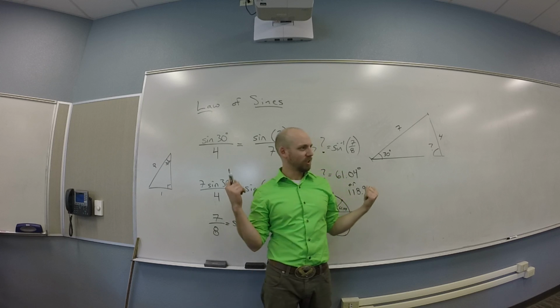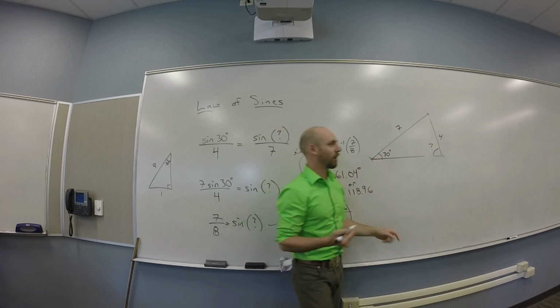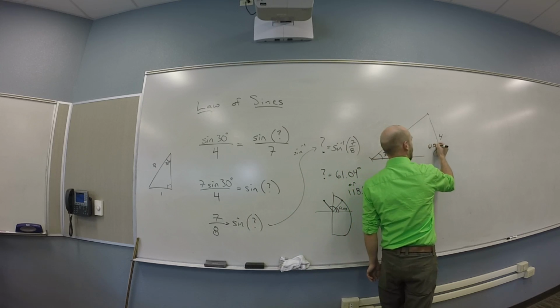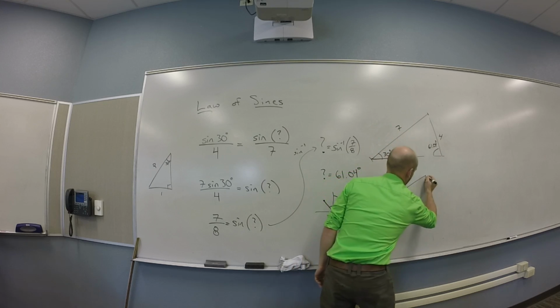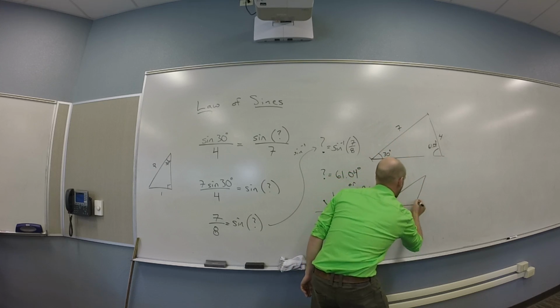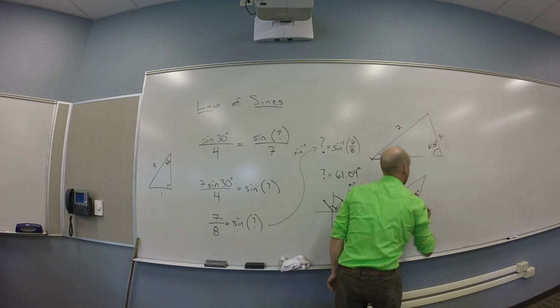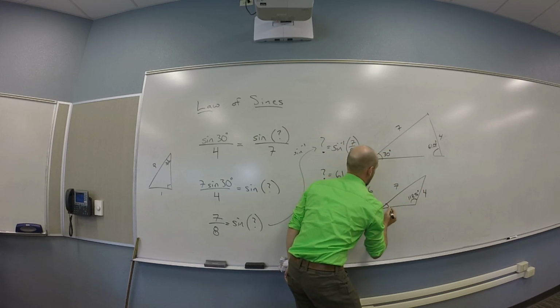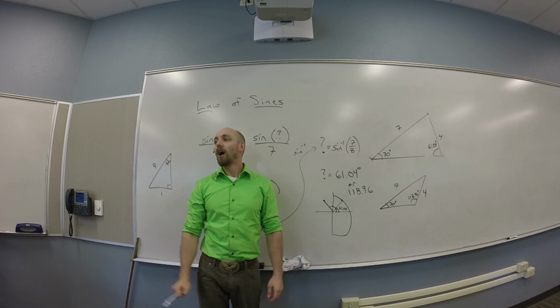I got two answers, right? Because there's two triangles that work here. There's this one, where this angle is 61.04 degrees, and then there's this other one, where that angle is 118.96 degrees. You guys see that? Two different possible answers.